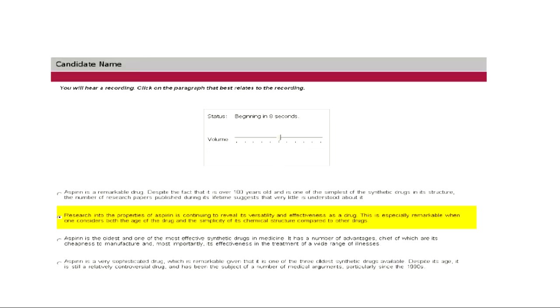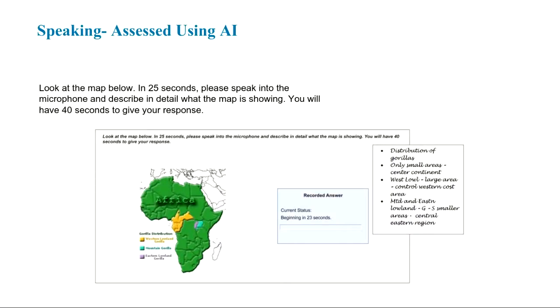But the 2 major areas where we're actually using AI are the 2 areas that give the test real authenticity, and they're also the areas that are most problematic for human marking: the assessment of speaking and the assessment of writing, where every single response will be different, and that is very challenging.